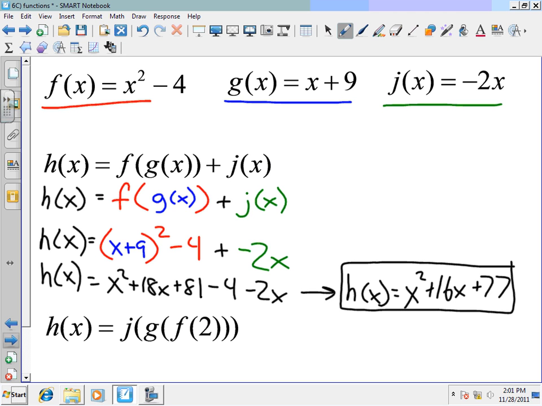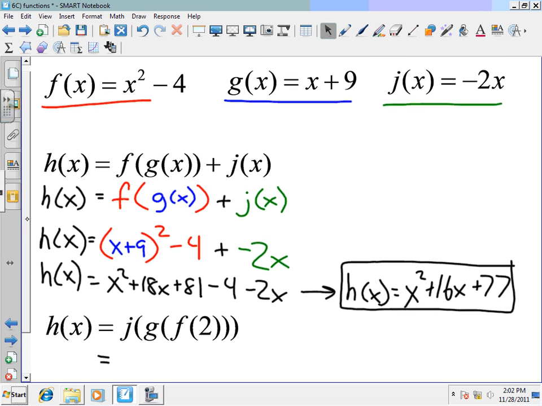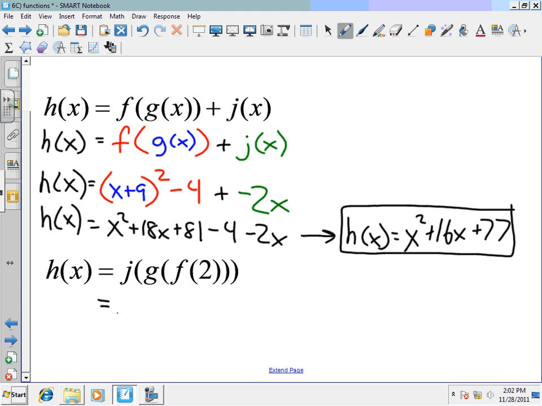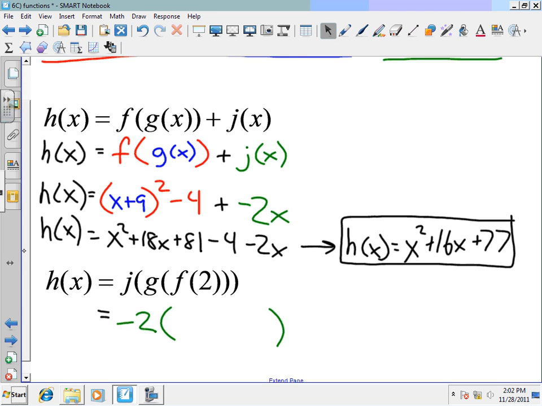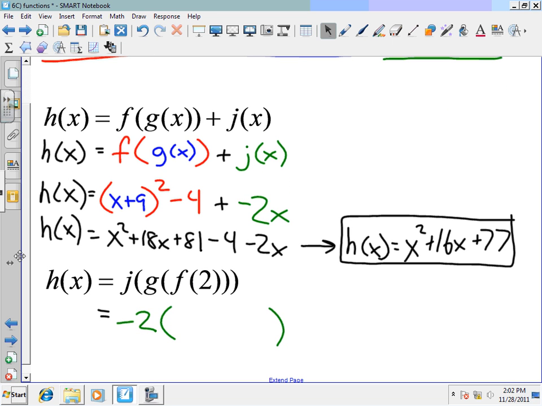But notice how I set it all up. The color is a good way to distinguish what's what. The exact same thing happens here. So notice in this function down below, the j part is green, -2x. So we see -2x. There's your input. When I say x, I'm saying input. And then I say, okay, what's next? The g. Notice the g is next.